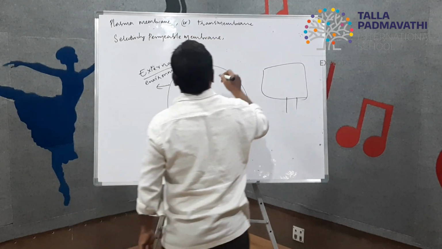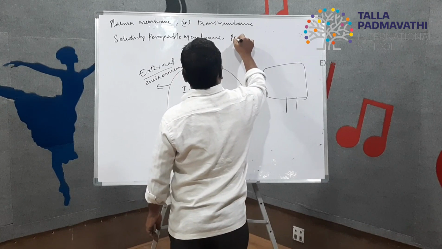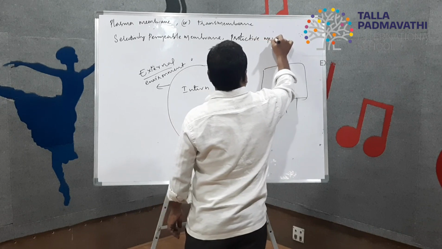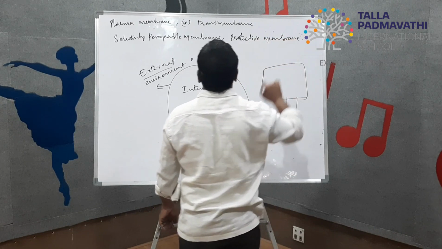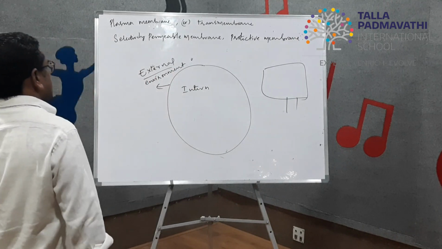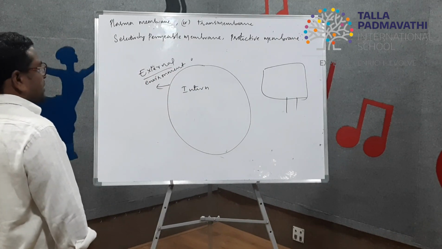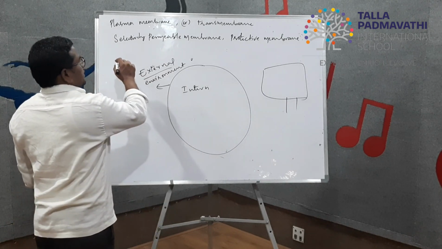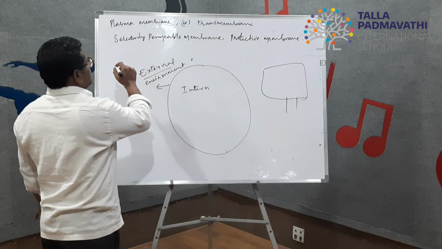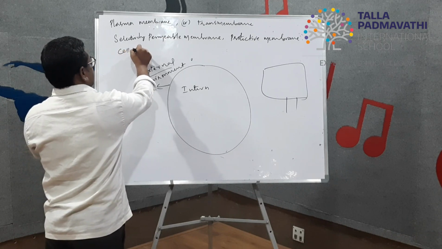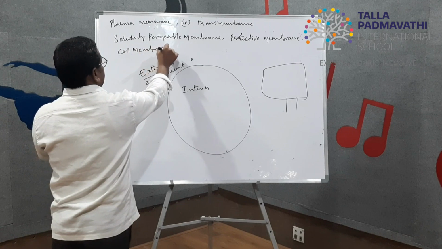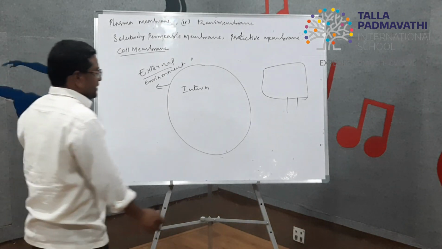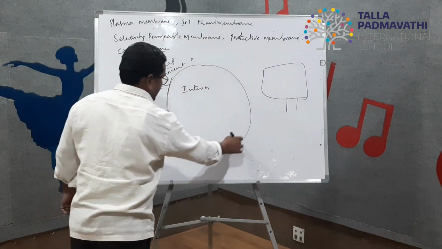So with many names we can call it: plasma membrane, transmembrane, protective membrane, selectively permeable membrane, or cell membrane.